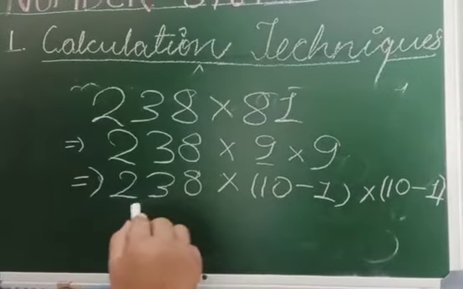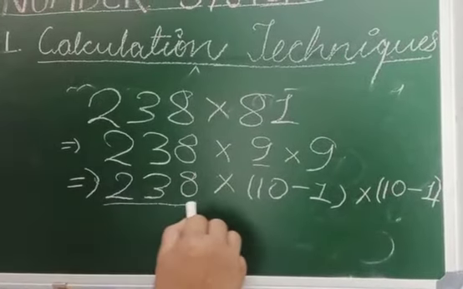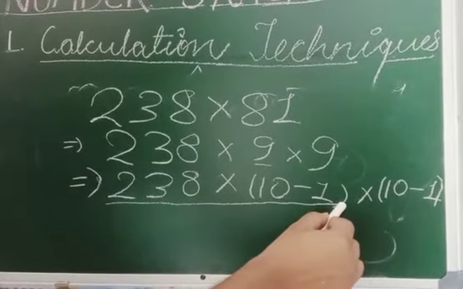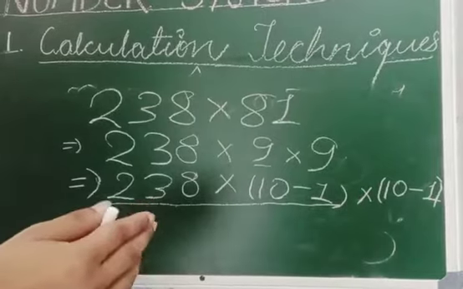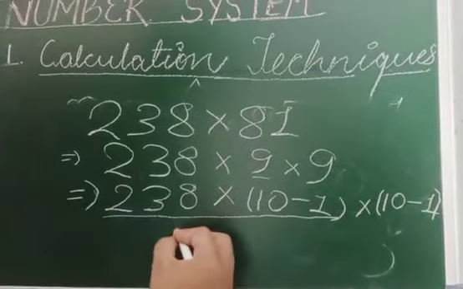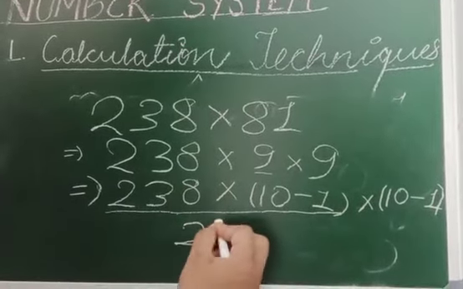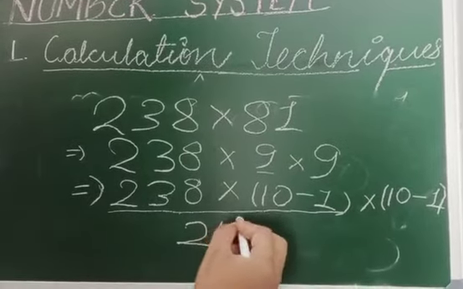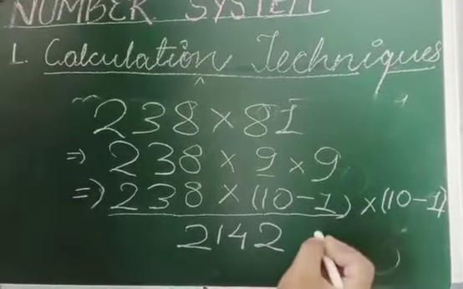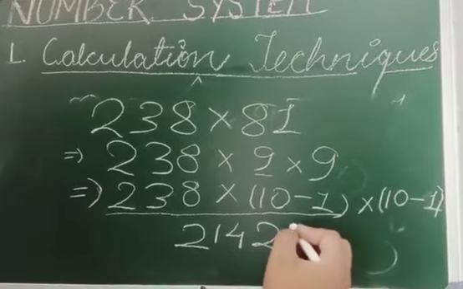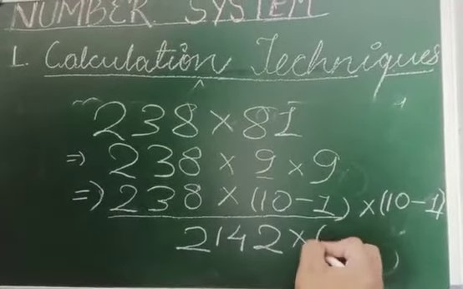As we know, the answer we got in the previous question is 2142, and now we multiply this with 10 minus 1.